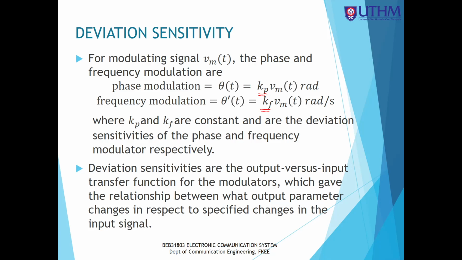To find theta t and theta prime t, theta t is Kp Vm t, and theta prime t for FM is Kf Vm t, in radian and radian per second respectively.